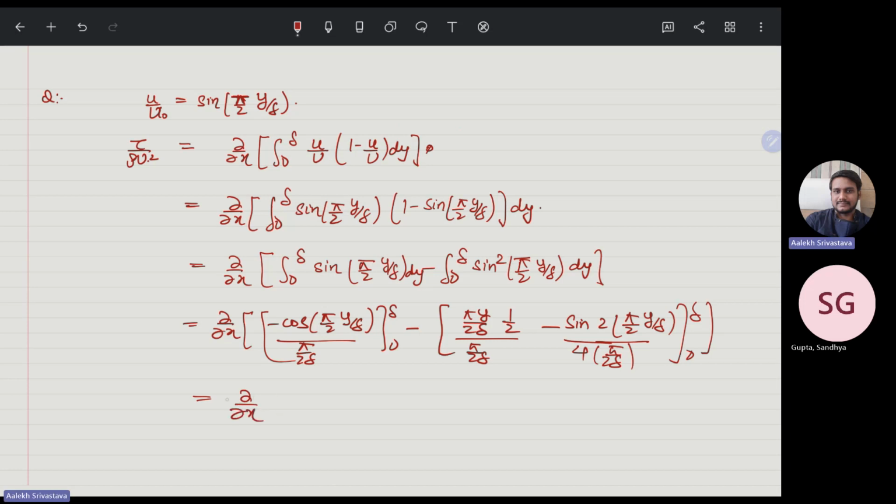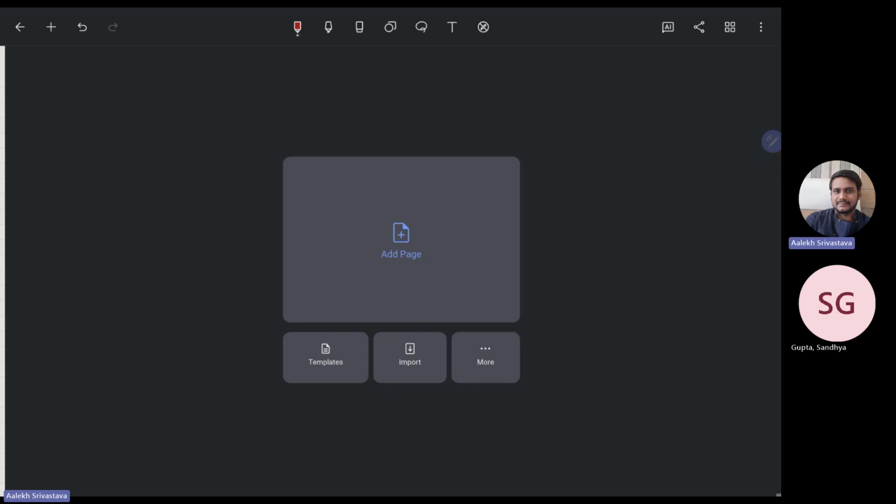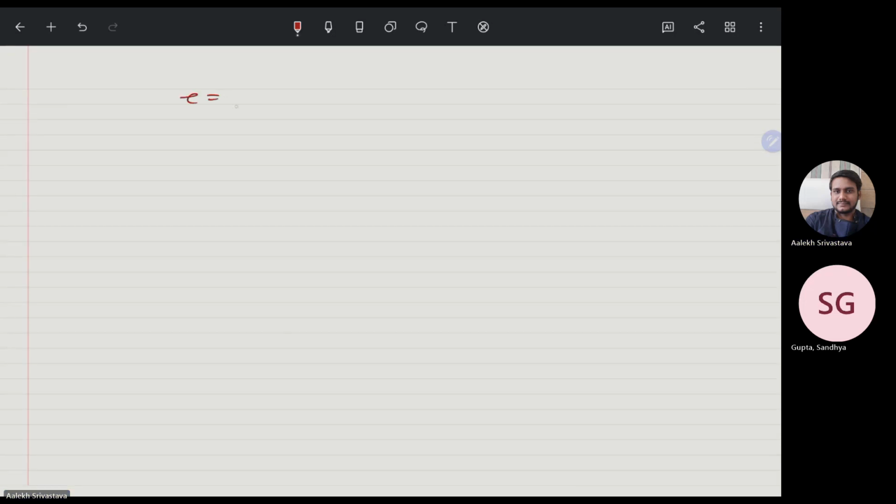If you solve it, you will get an expression like this: del del x of (4 minus pi)/(2 pi), and it is tau by rho u square into delta. This is the expression, and then the left hand side again will go. So tau wall is mu du by dy at y equal to 0.